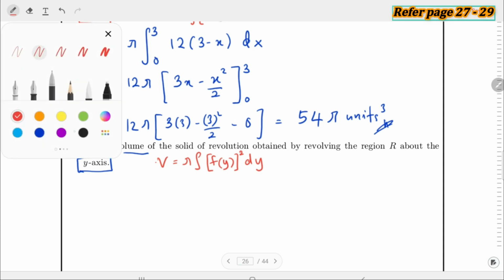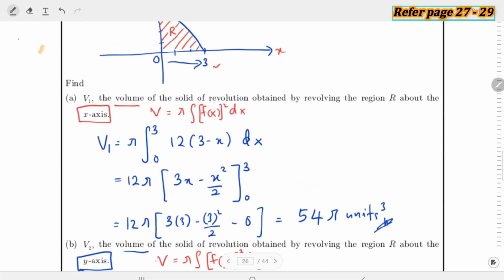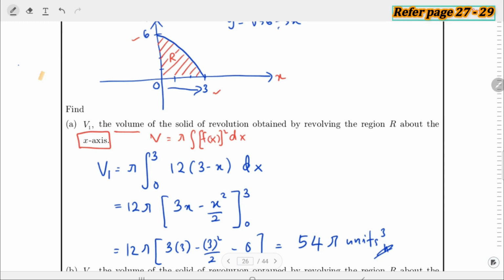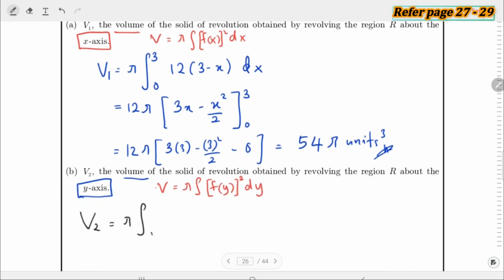So now V2 equals pi. For the lower and upper limits, we look back at the graph, from 0 to 6. This one is rotated about the y-axis, so we take the limits on the y-axis, from 0 to 6. So how about the function?